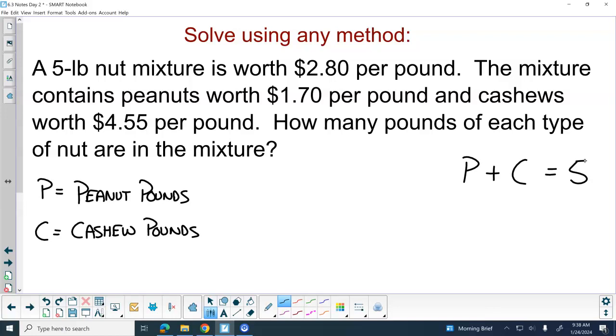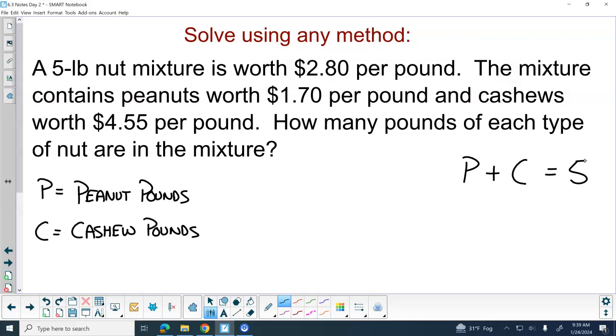It says 5 pounds, so they have to add up to 5. They both have to be less than 5. If I get something bigger than 5, which I've seen hundreds of times, we did something wrong.